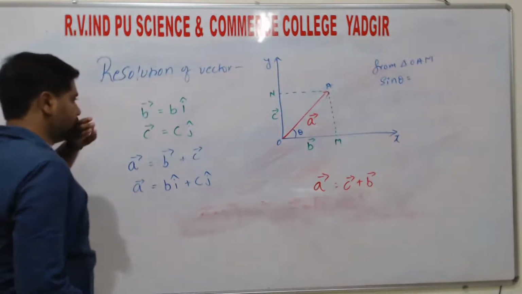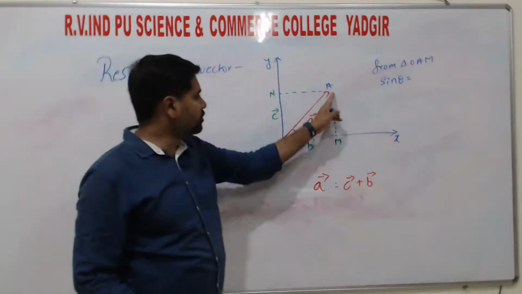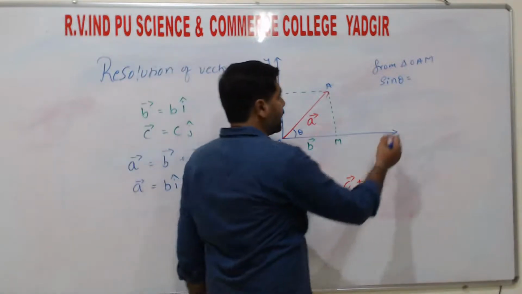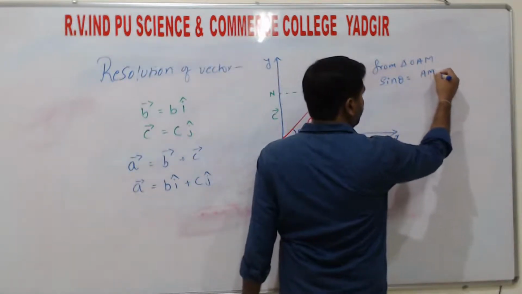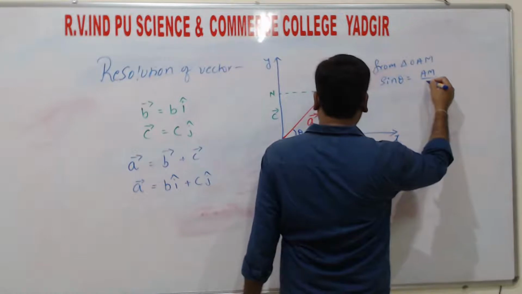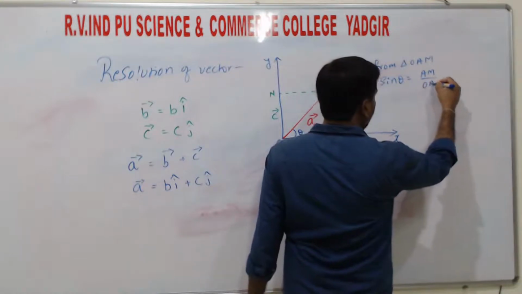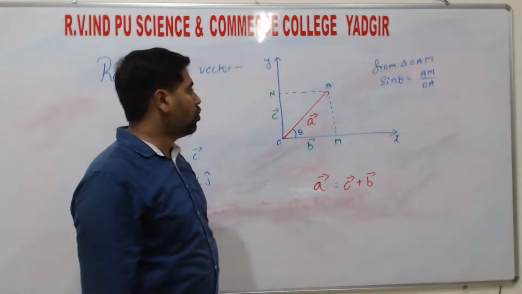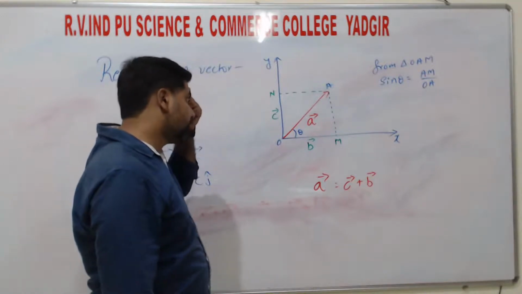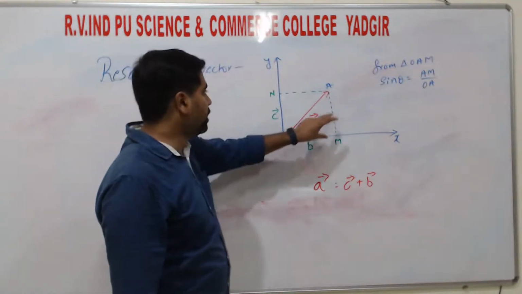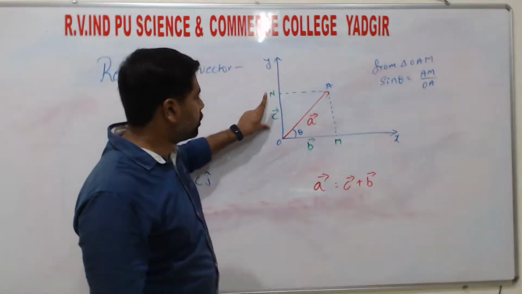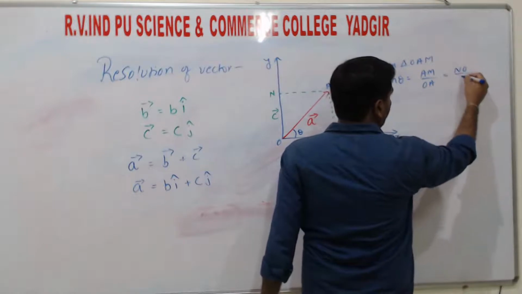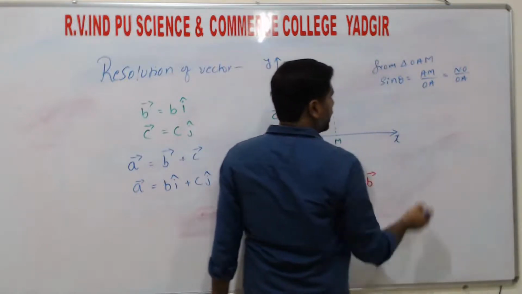The opposite side is AM and the hypotenuse is OA, so sin theta is AM by OA. AM is parallel to NO, so we can write this as NO divided by OA.